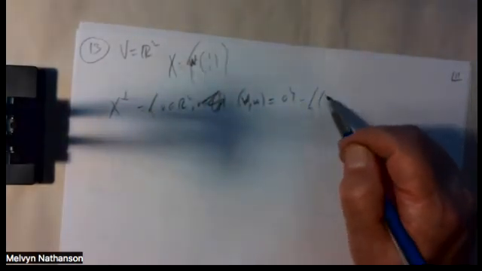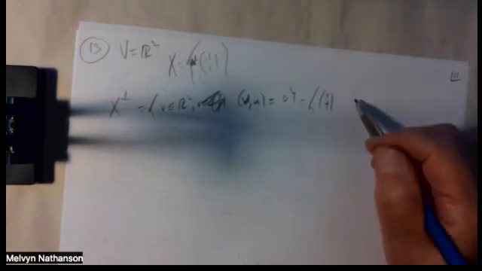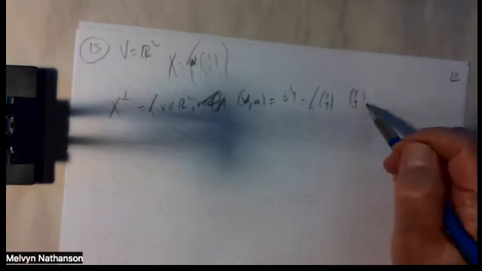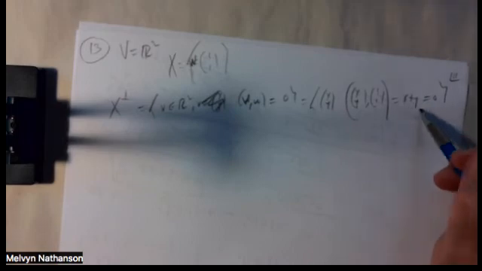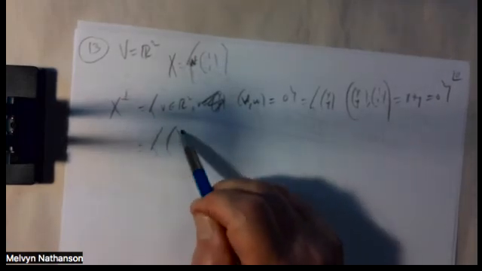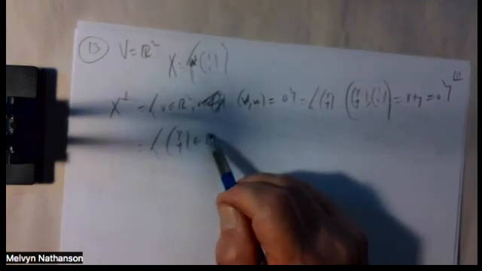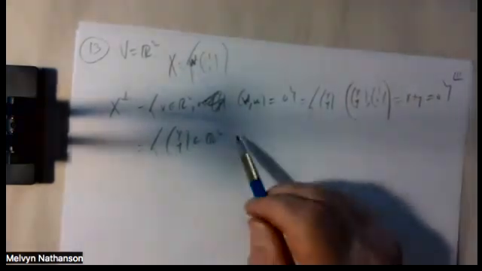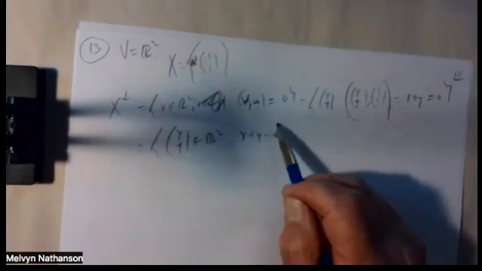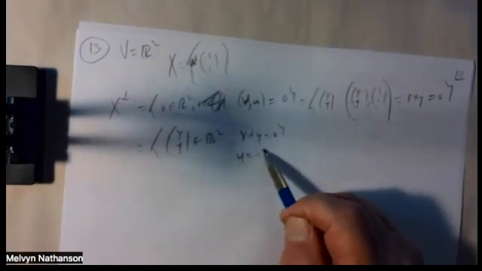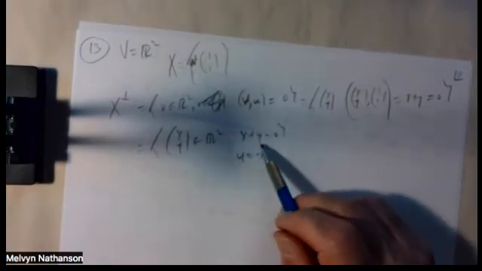So this is all vectors x, y where the inner product of x, y and 1, 1 is 0, but this inner product is x plus y. So it's all vectors where x plus y equals 0. This is all vectors x, y in R2, x plus y equals 0, which is the same as y equals minus x.